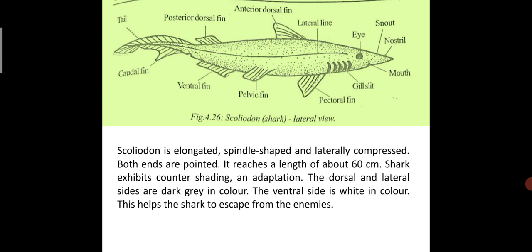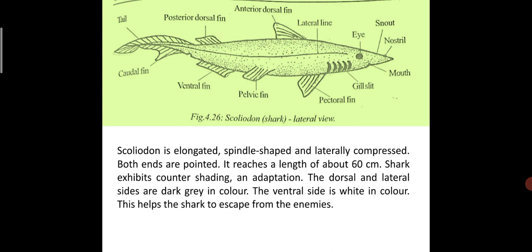So sharks exhibit some countershading adaptation where they may move faster and may counter attack the enemies. The dorsal as well as the lateral sides are somewhat grayish in color, but the ventral side is white in color.